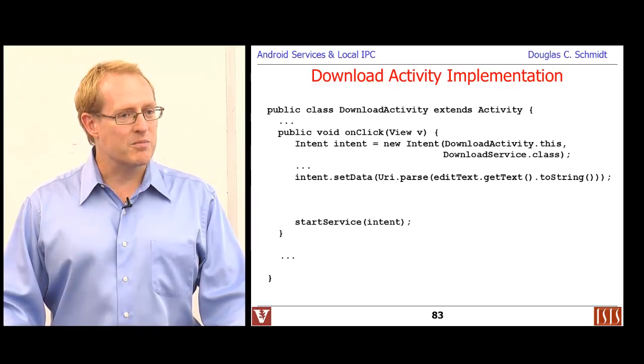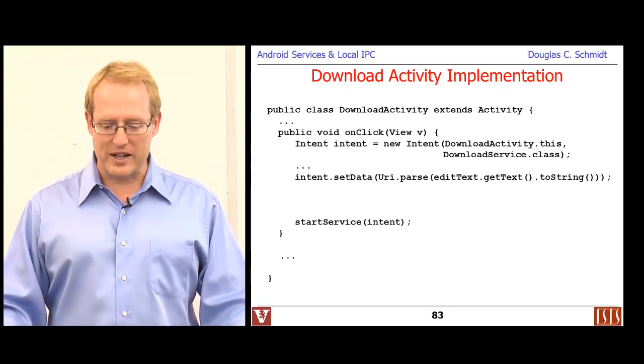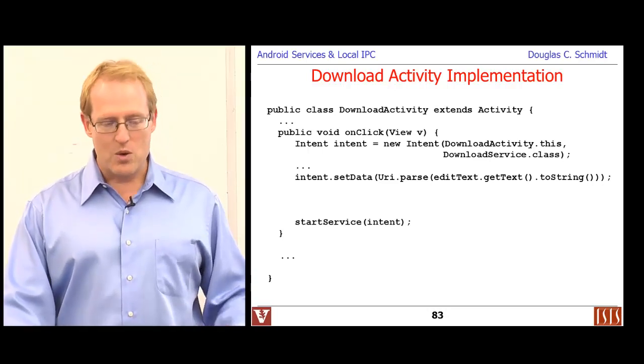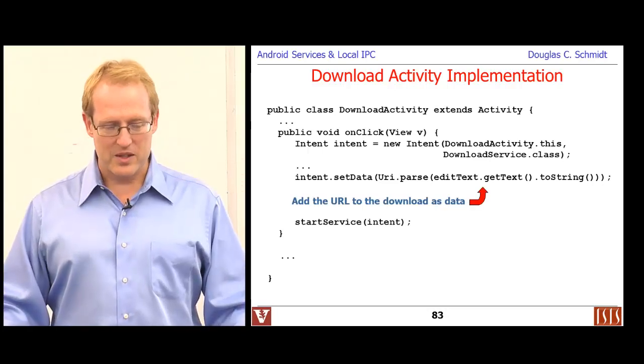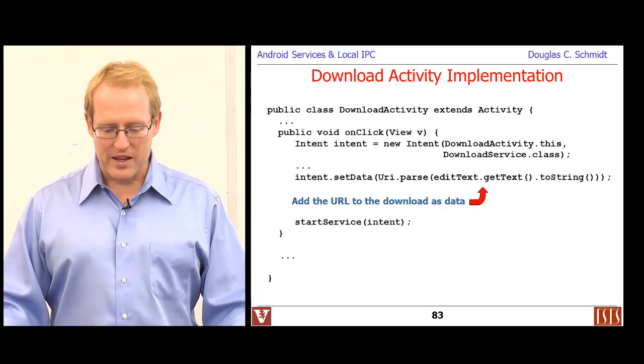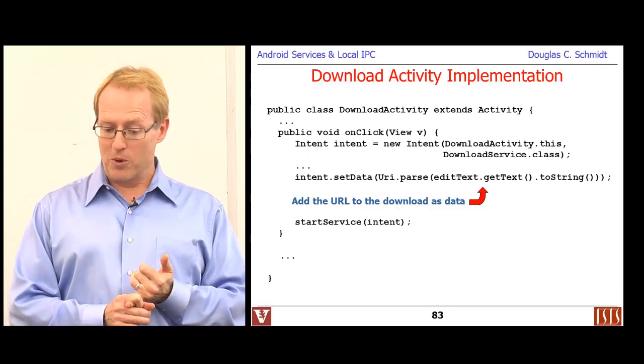So here are the basic pieces of this solution. We have download activity, which extends activity. When someone clicks on this thing to download the file, an intent is created, much like what we did before.